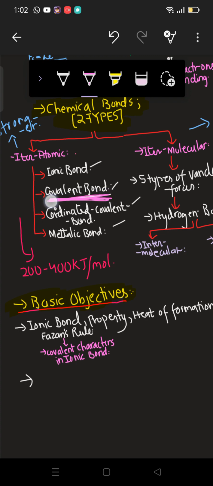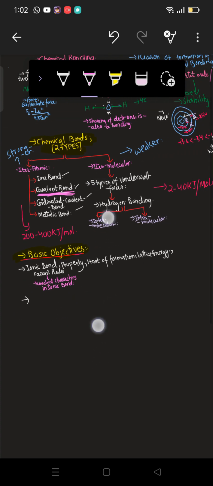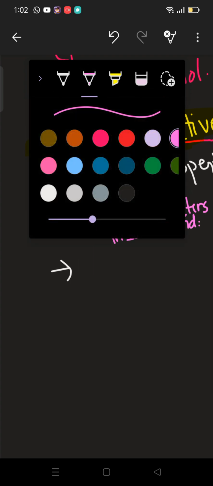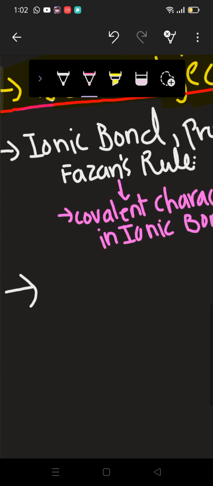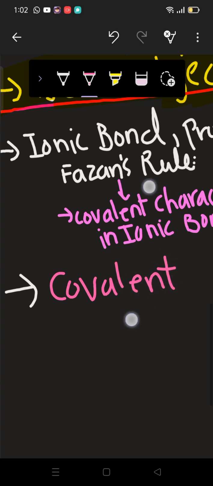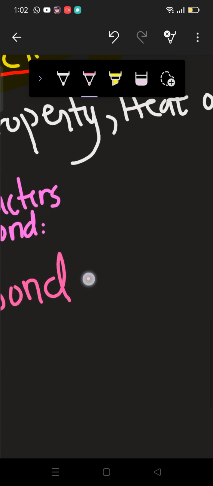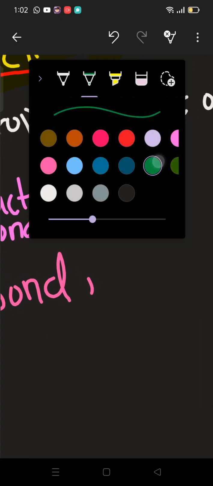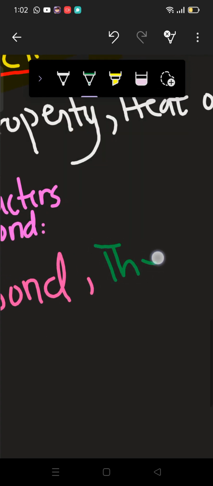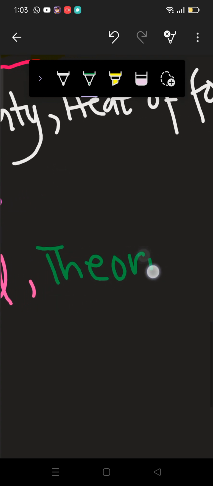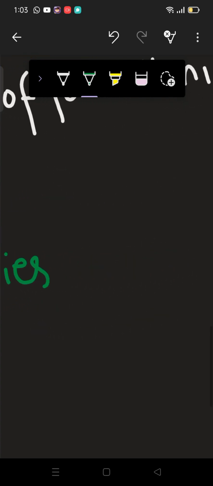So then we will be discussing each and everything about covalent bond, and then the theories of covalent bond, which is a very important topic.